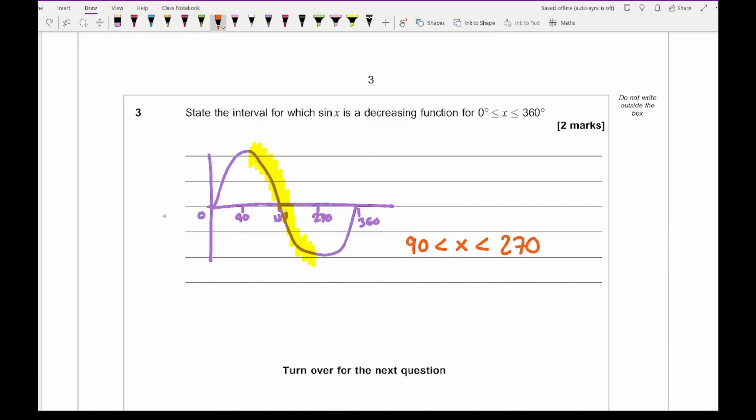Now make sure that you're not writing an equal sign in those inequalities, simply because at that particular point and that particular point the gradient is going to be 0, a flat gradient. So make sure that your answer just includes less than in your interval.